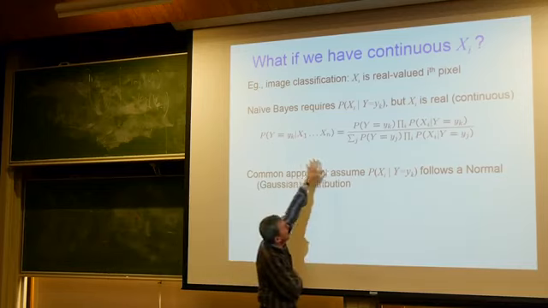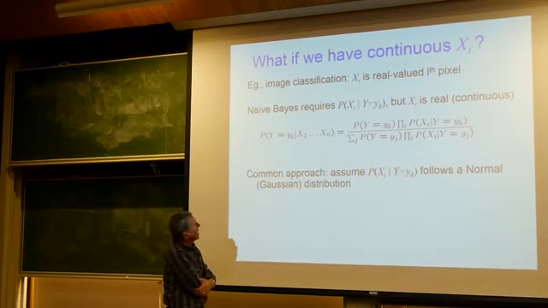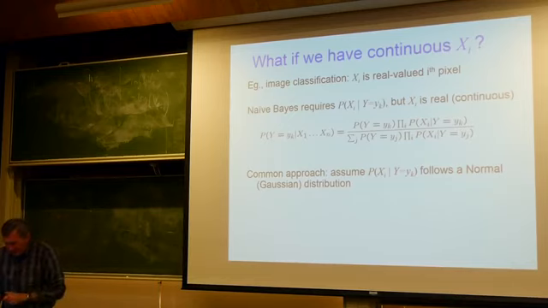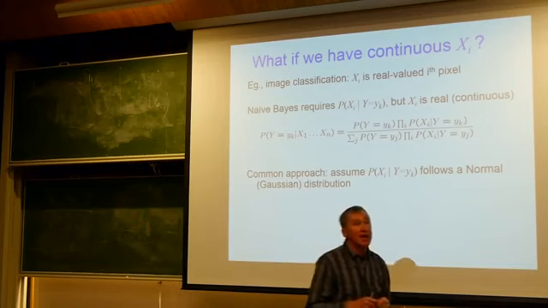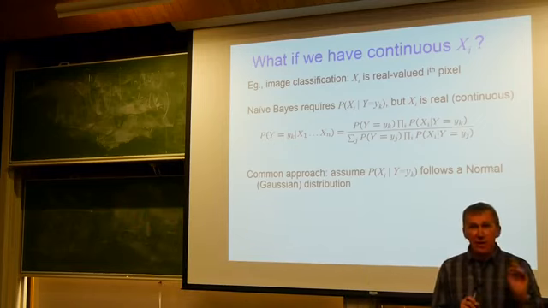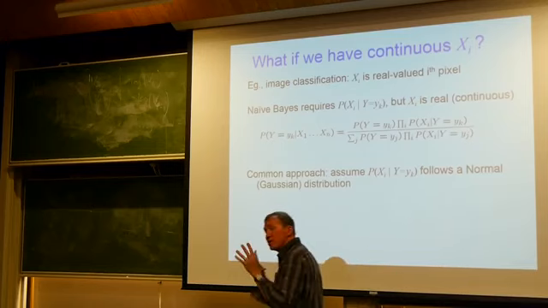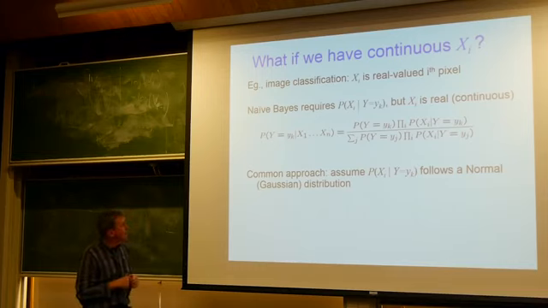Well, here's our naive Bayes equation again. And so you can see that, let's suppose y is still 1 or 0. For example, we're taking an image of your brain activity and we're trying to tell, are you thinking about the machine learning class, yes or no? And so it's still a discrete y, but now we have these continuous x's.